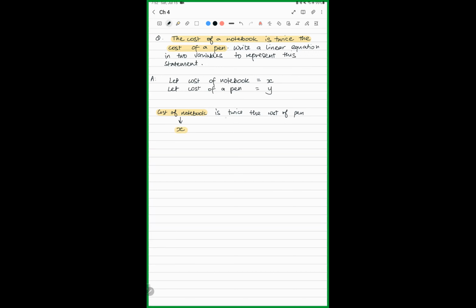Fine. Now, always remember in mathematics, if you have is or the word was, this is translated as equal to. Is translated as equal to.